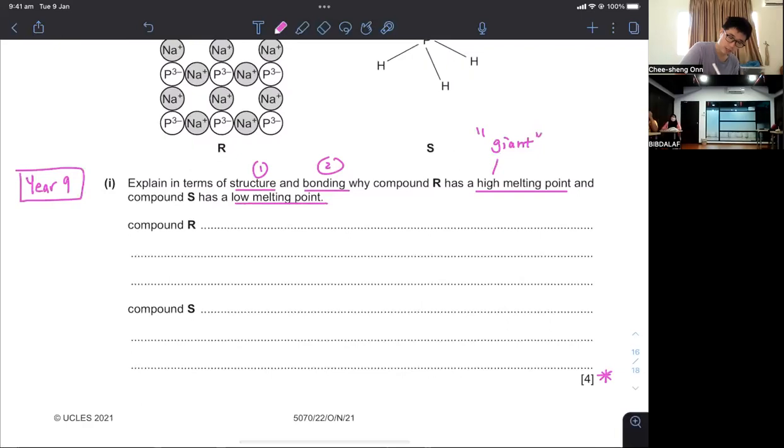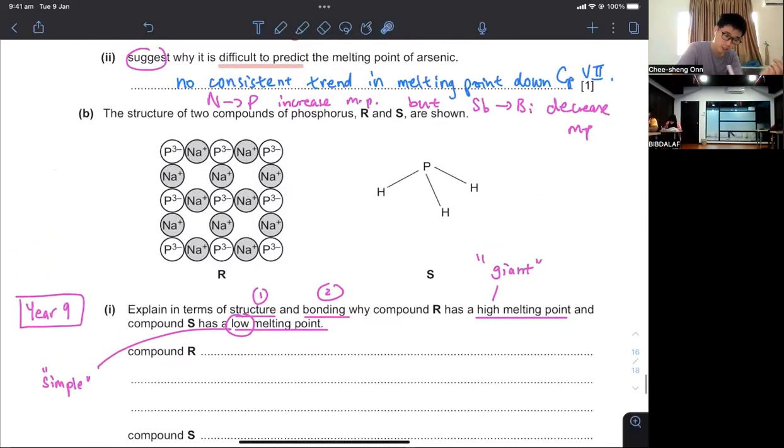Low melting point suggests that it has a simple structure. I remember back then, I covered 4 structures with you. They are giant ionic, giant covalent, giant metallic, and there is one simple covalent.